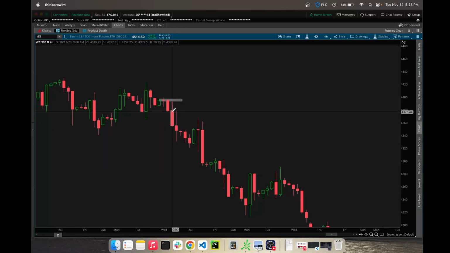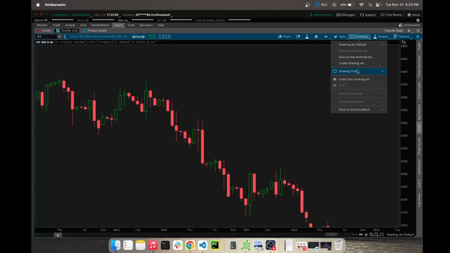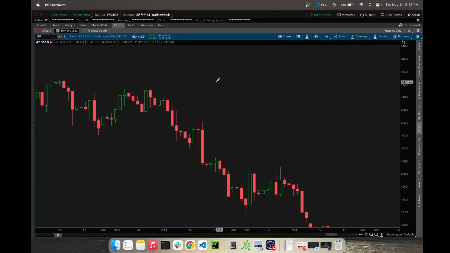You can see the more aggressive move down where this candle is much bigger than this candle, and this is a bearish move followed up by another bearish move, and then we really start to make the decisive move down. So while this is your true high, this is your impulsive high.